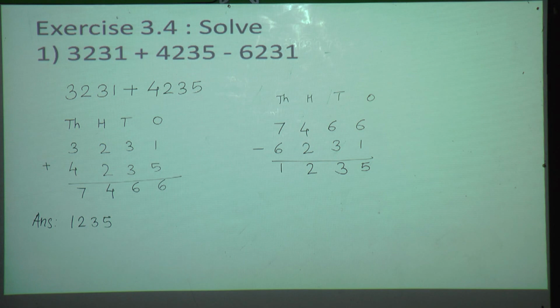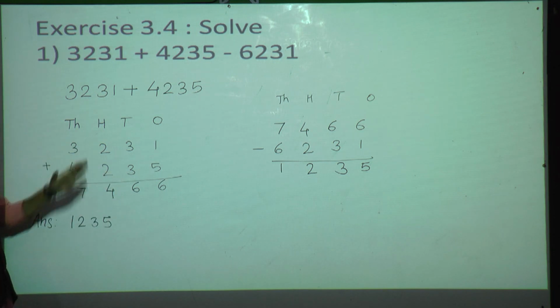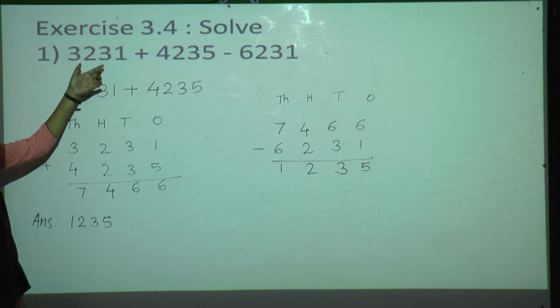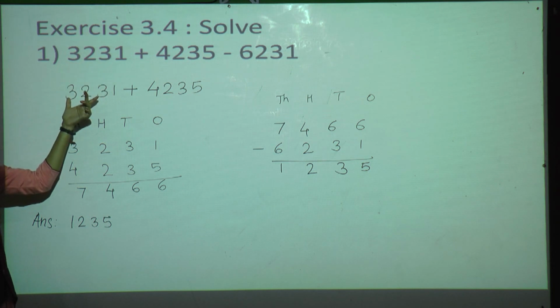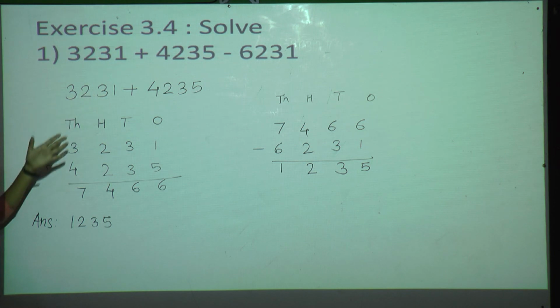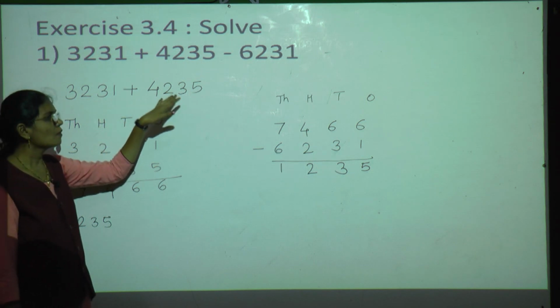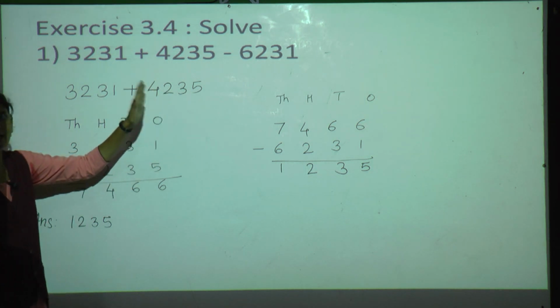So finally you can write the answer, 1235. See students, first, compulsory, you have to write the first number as it is. Then you have to add the number which has the plus sign before it.